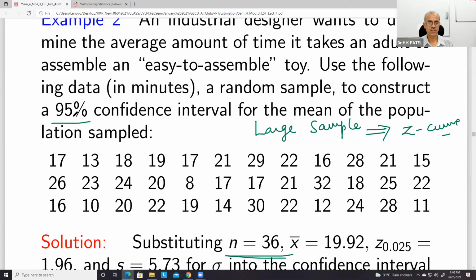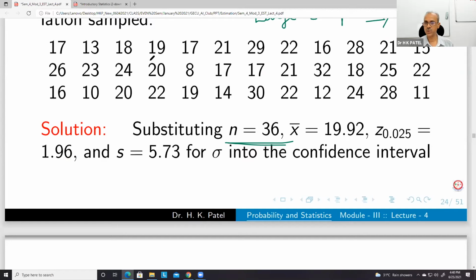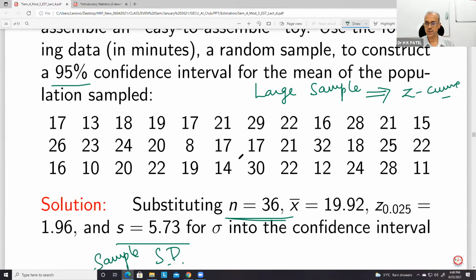So this is 95%. So here Z alpha by 2 will be 1.96. N is 36 here. X bar we can calculate, and similarly we can calculate this sample standard deviation. We can use this table to find the sample standard deviation. So we are using the Z curve, not the T curve, because this sample is a large sample.